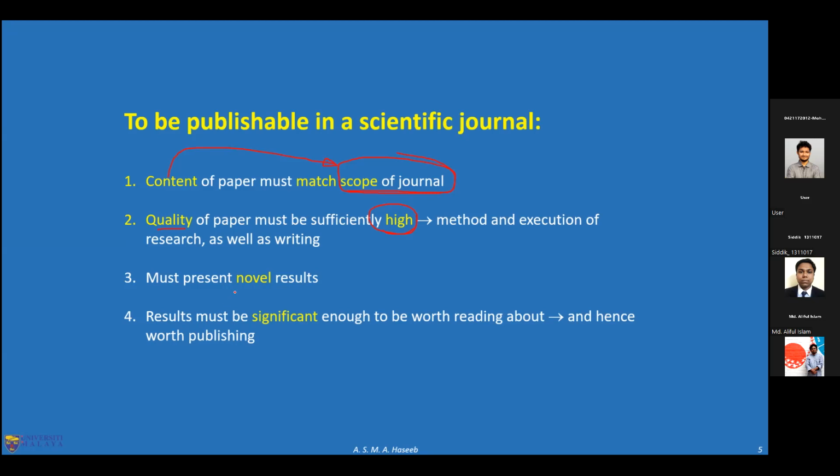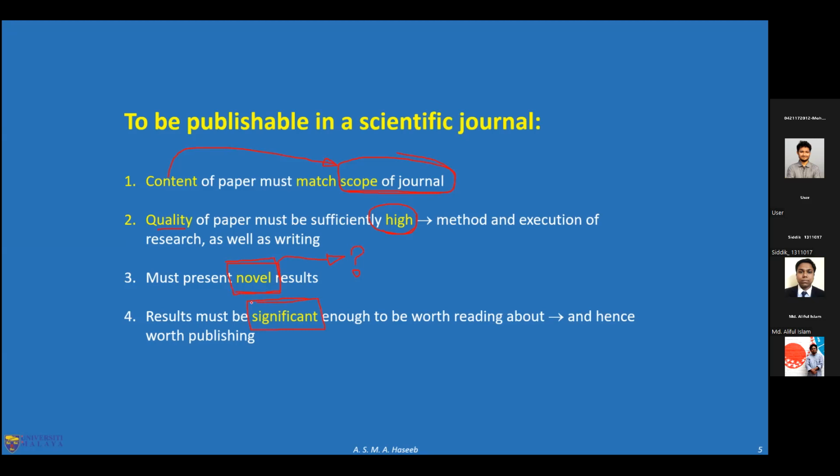Another thing that you have to remember, that your paper will be published in high impact journals like Q1 journals only when you show that they are new, they are novel. And just being new is not enough. You also have to show that this is significant.